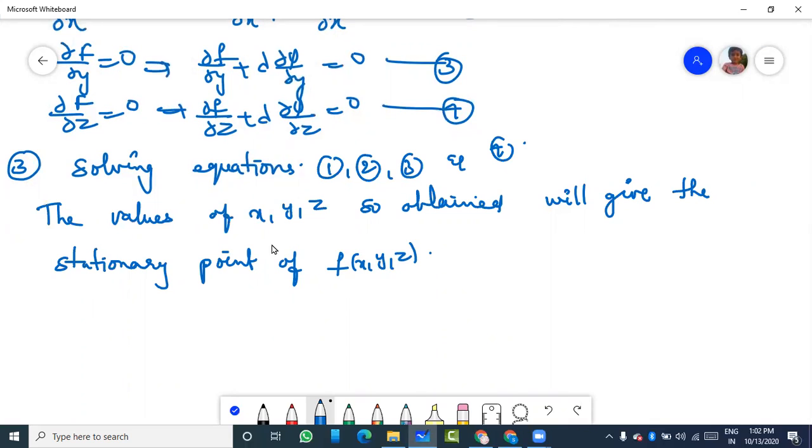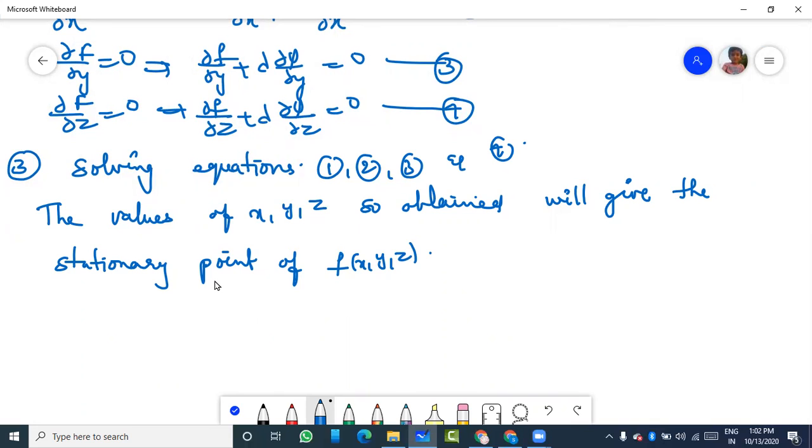Solving these 4 equations, we get the x, y, z values. Then those x, y, z values can be substituted in the function. The point is called the stationary point, and at that point we can find where the function is maximum and where it is minimum.